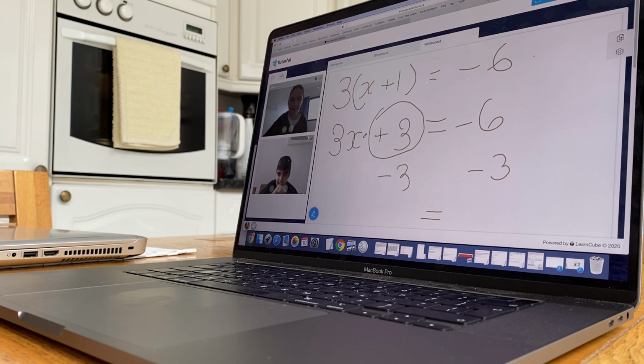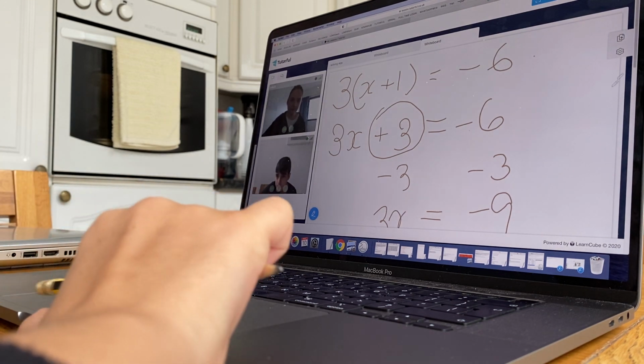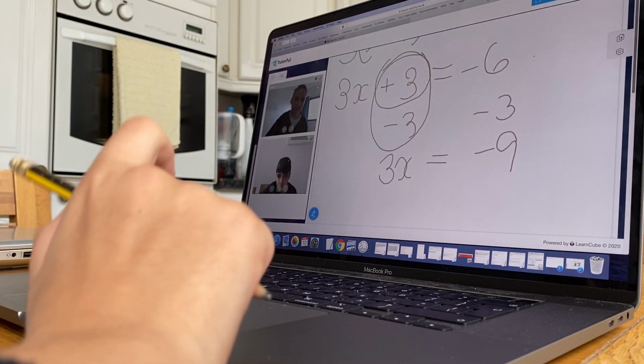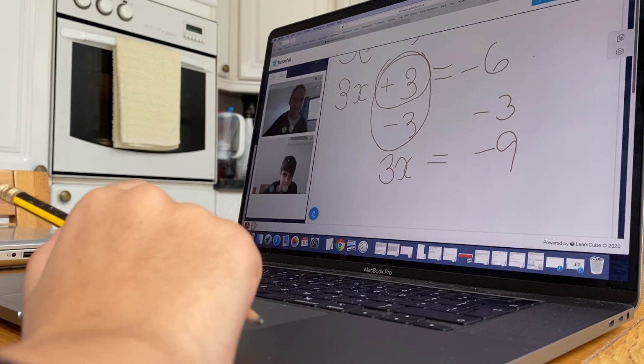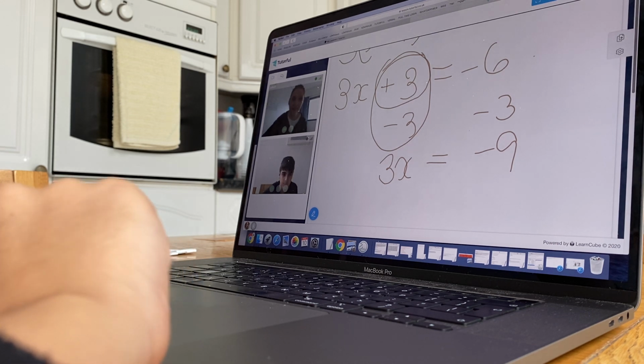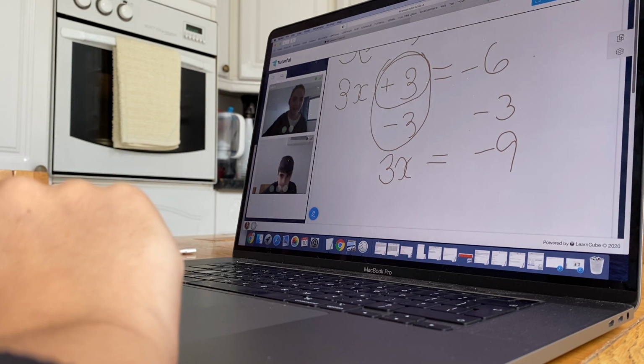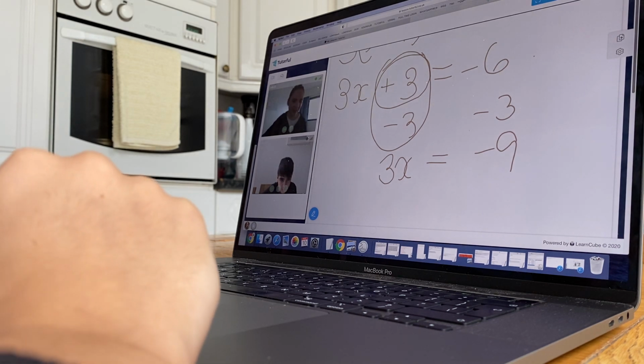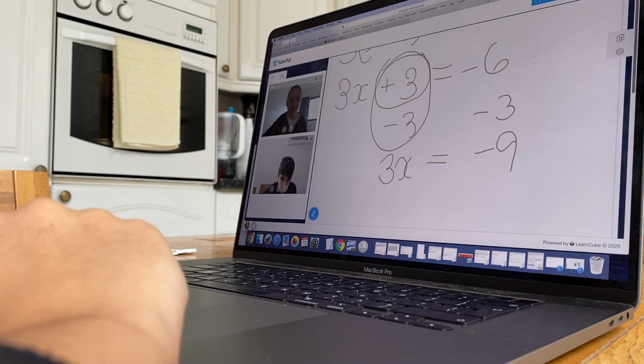The negative 6 becomes negative 9, and the 3 becomes 0. So what we're left with is 3 times x, and that just carries over. So the next line is 3x equal to minus 9.